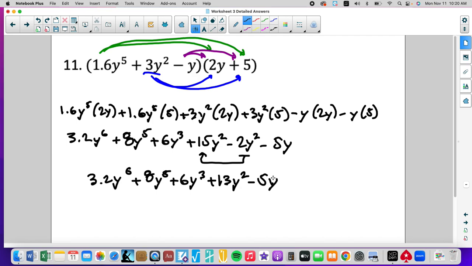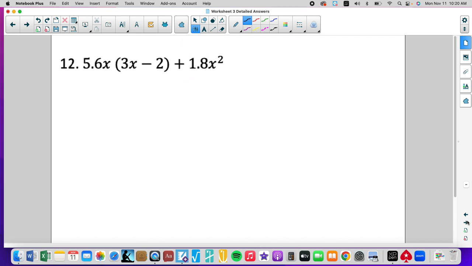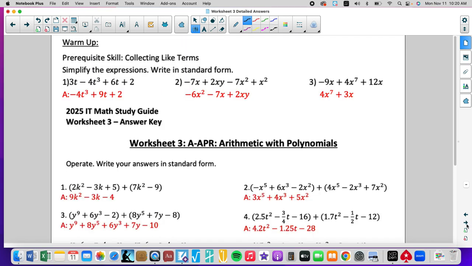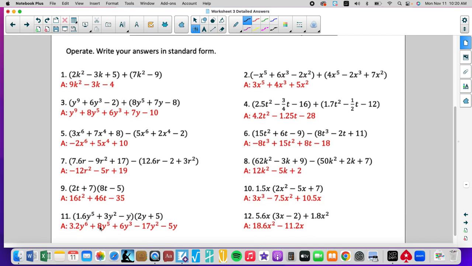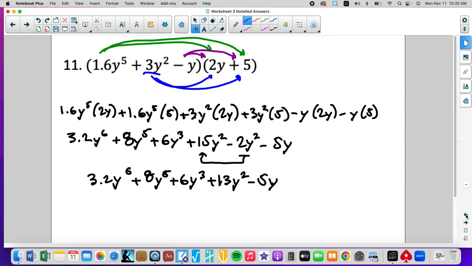Okay. Let's see if that's correct. 3.2 minus 17. Oh, what did I do wrong? Where's minus 17? That's not minus 17. Yeah, you know, they make mistakes quite a bit in this answer key.